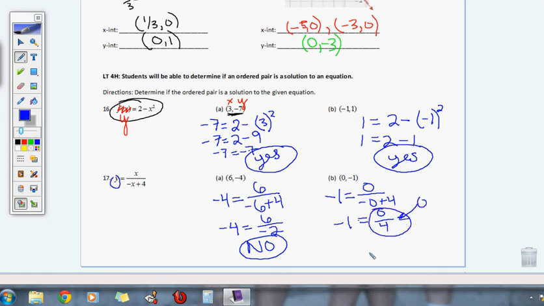So does -1 equal 0? No, it does not. Please don't think right now, oh, well, that means they're either both yes or both no. You're drawing conclusions that aren't necessarily true. If it comes out to a true statement, it is. If it doesn't, it's not. And there's many ordered pairs we can give you. Just check that test to see if it's true or false on that one.